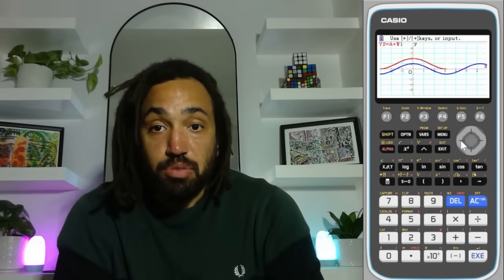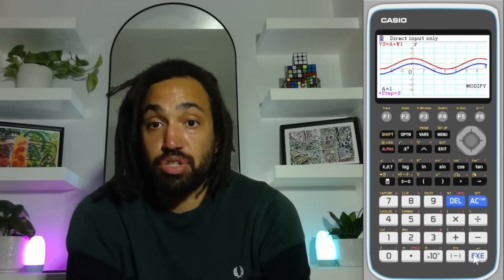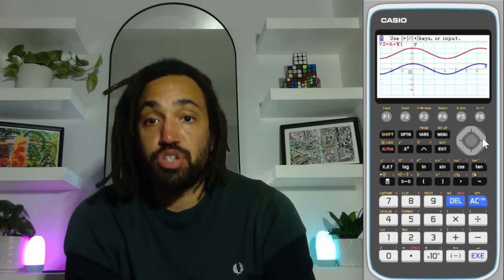So the blue one is cos x, and then I have the transformation, and I can press left there and it will change the a value, and it changed it by a step of 1, but I could change the step to 2, and then if I press right here it's going to go up 2 every time, so from 1 to 3, and you can see it jumping like that.